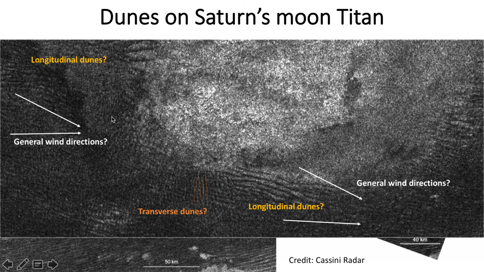But it has to kind of go around this obstacle, so it gets pulled round to come maybe more from the west. And then other times of year, you might have the wind coming more from the west anyway, so that doesn't get changed. So now we have the same kind of wind direction at all times of year because of this obstacle, because of how it makes the wind flow around it. And that's why instead of getting longitudinal dunes, you get transverse dunes.